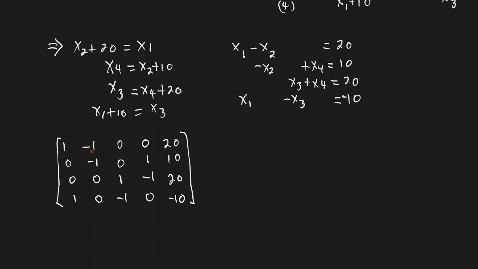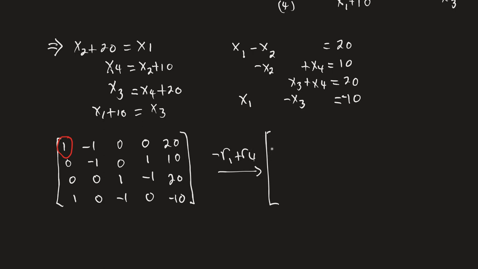We're going to eliminate the 1 in the first column, fourth row. So I need to use this operation, negative R1 plus R4.